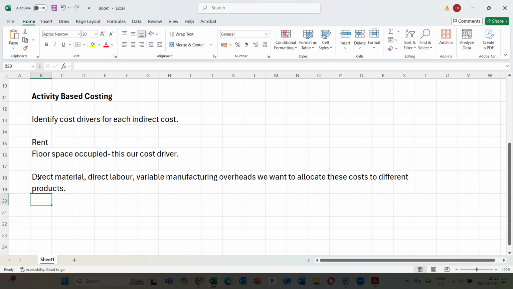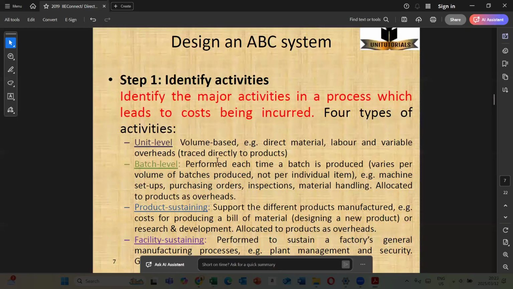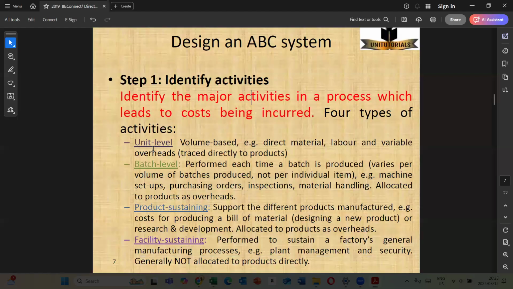We can take cost per unit and multiply by volume produced. So these ones are easy. When you have variable cost, there are no issues in the allocation of variable cost to different products. Just take the cost per unit. What is the cost per unit of direct labor? Of direct material? Of variable manufacturing overheads? Multiplied by volume produced or volume consumed, that will give you your total cost. The ones that are volume driven, the unit level, no issues.